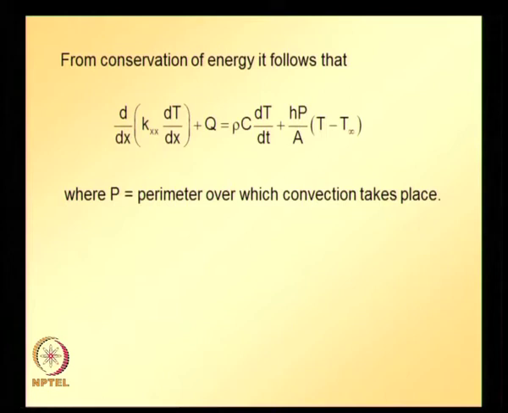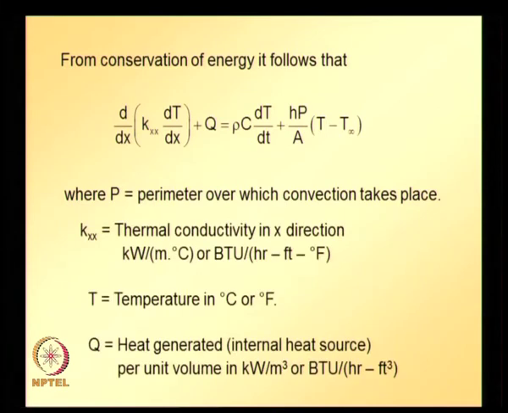In this equation, P is the parameter over which convection takes place, and other quantities have similar meaning as what we have used for steady state heat conduction problem. K_xx is thermal conductivity in x direction, because this is 1D problem, and T is temperature, and Q is heat generated per unit volume.